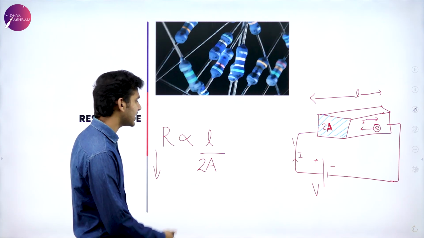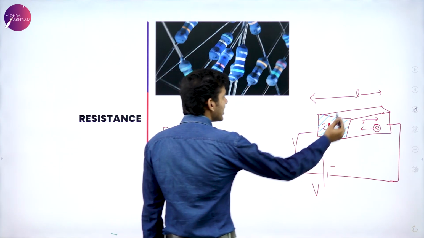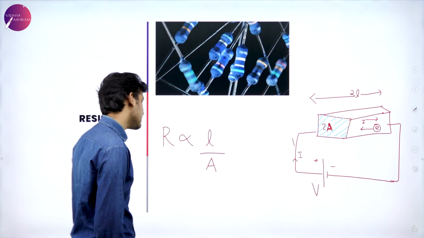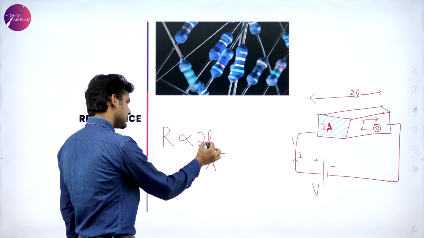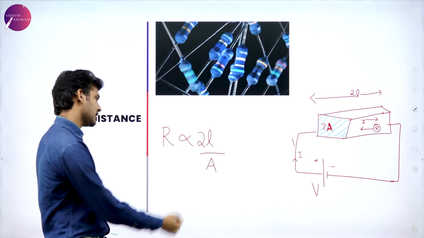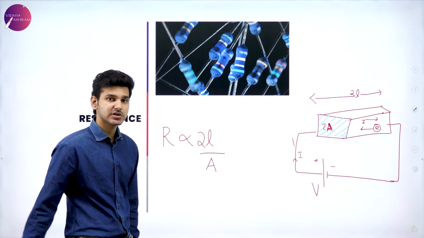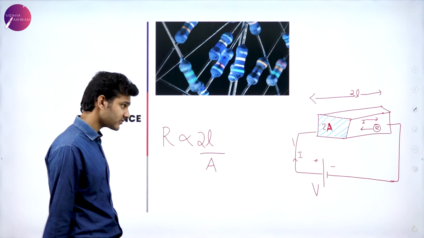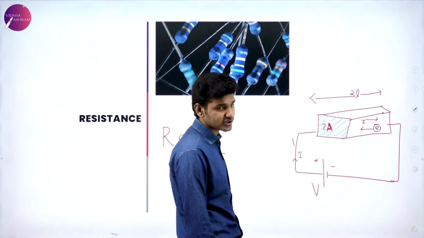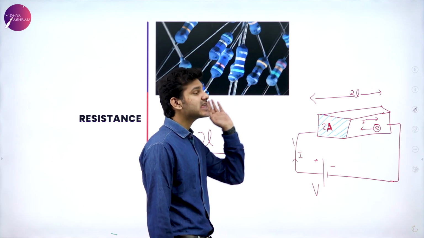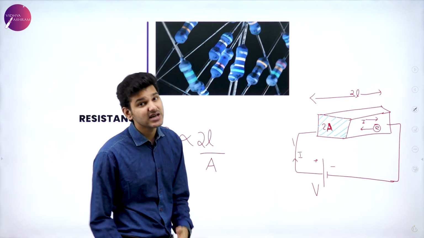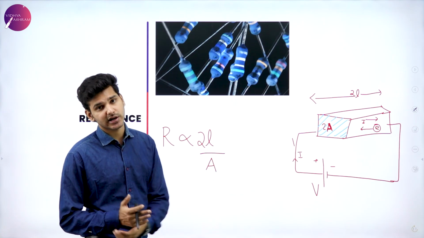Now what happens when length is doubled? When length is doubled, that is length becomes 2L, then it is an increase in the numerator, which means resistance is directly proportional to length. If length is doubled, then resistance is also doubled. Imagine that particular electron now has to travel even more distance across this rough environment, which means that the resistance is even more right now.